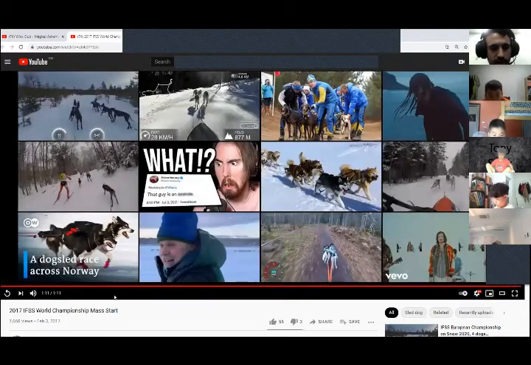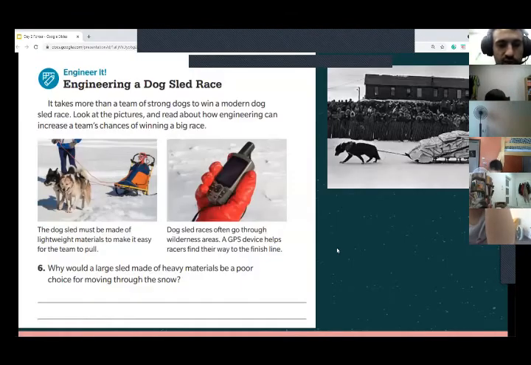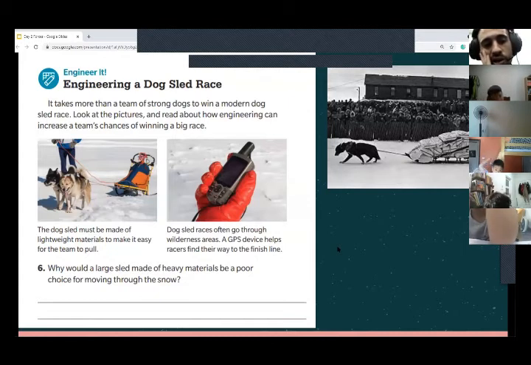Okay, let's move on though. The last thing we have to talk about today, and I'll read over it just so we can get through it so you guys can do your homework. It takes more than a team of strong dogs to win a modern dog sled race.